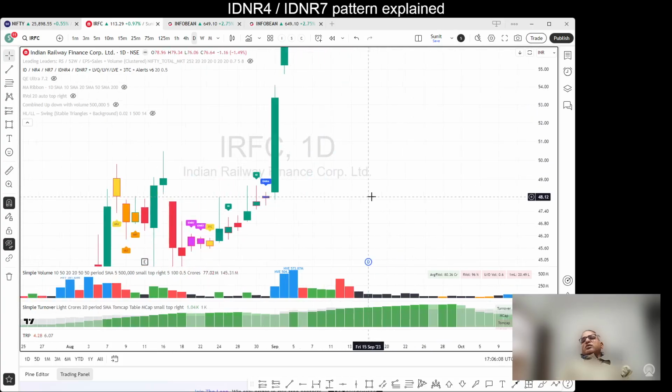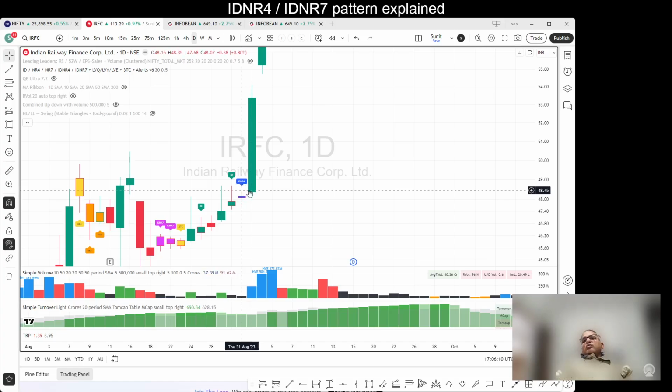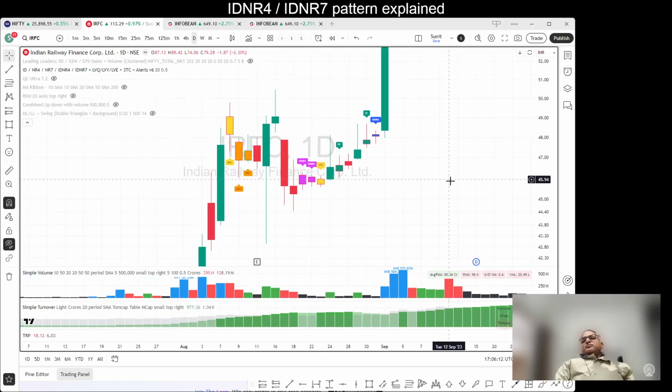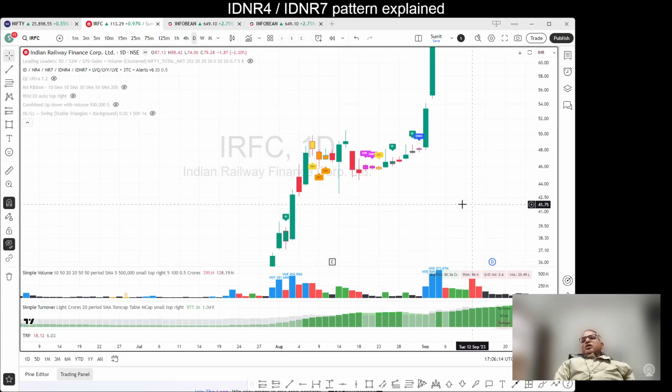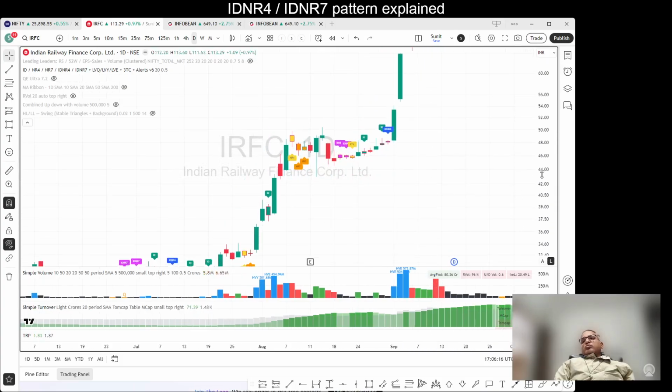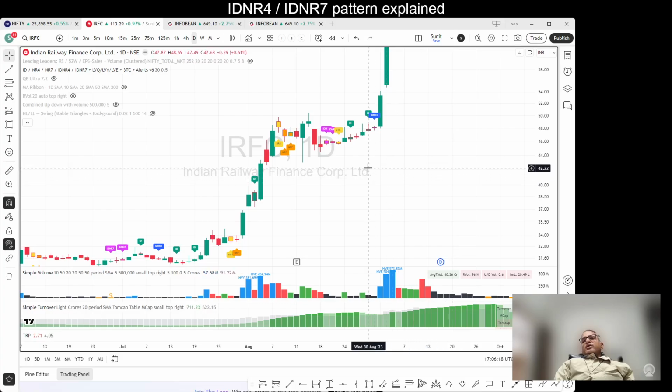Again, IDNR4, one more entry. We can use it in some combination. Whenever you feel the price is really extended, if we got such kind of candles after 1 or 2 candles, you can enter. But if the price has already moved 30-40%, you should not be entering over here.